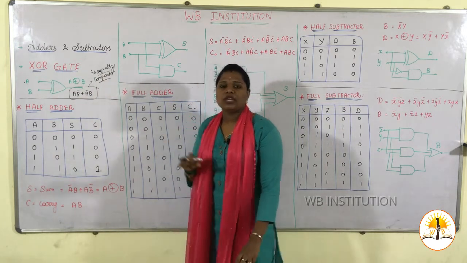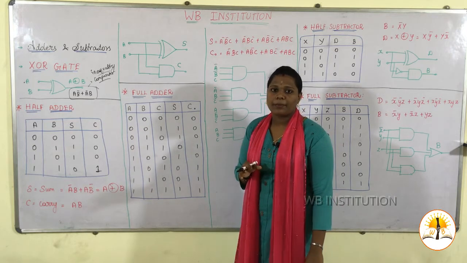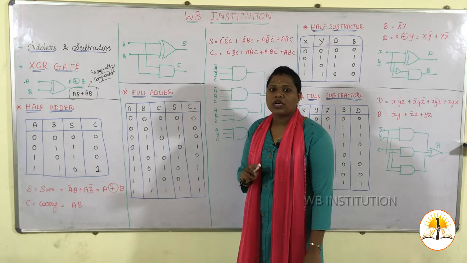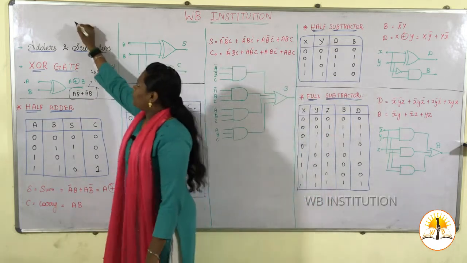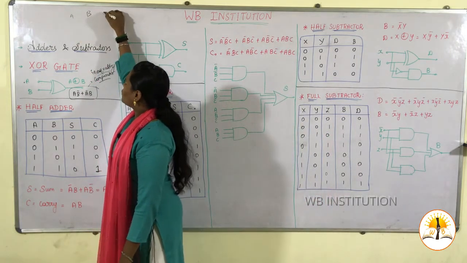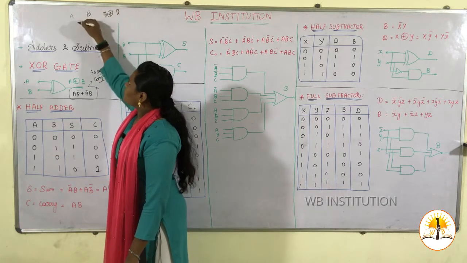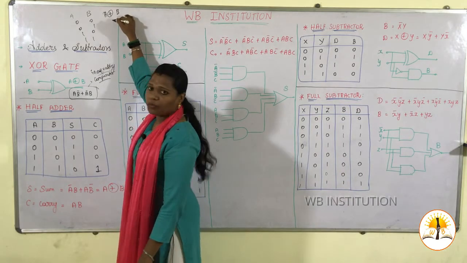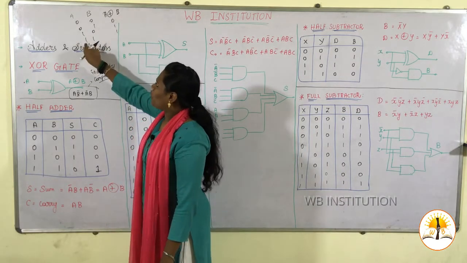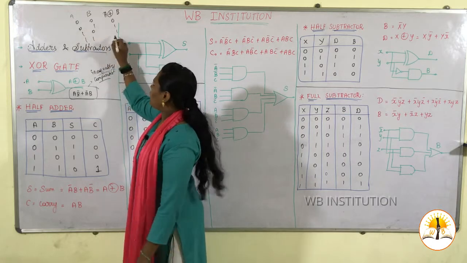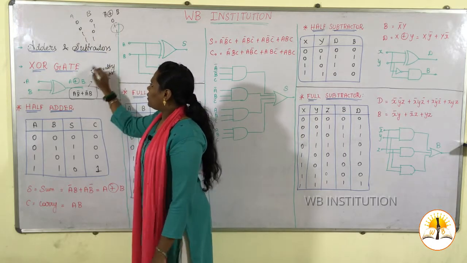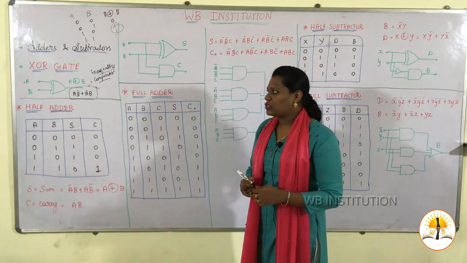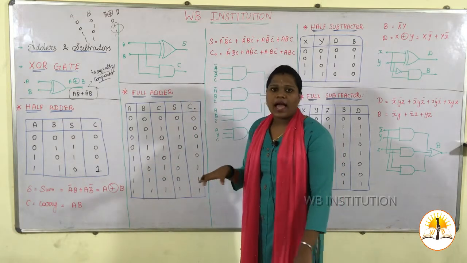If you check the truth table of the XOR gate, A, B, with inputs 0 0, 0 1, 1 0, 1 1, it will give you the output of 1 only when the two variables are unequal. Then only it is called an inequality comparator. The rest of them are called equality comparators. So we are going to use this XOR gate for our adders and subtractors.